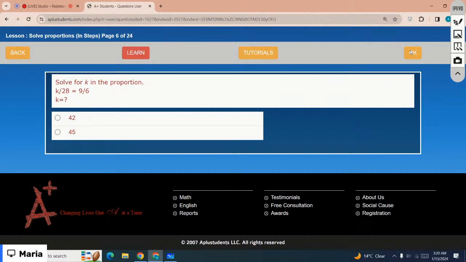Yes, that is 42. The correct option is 42.